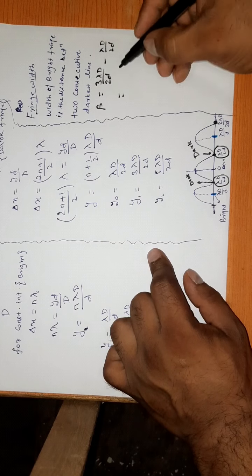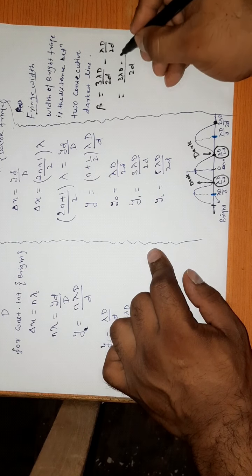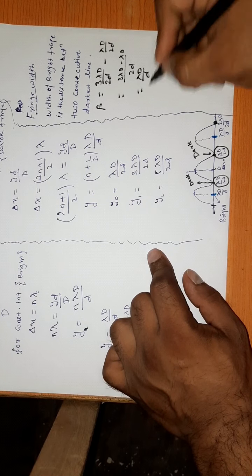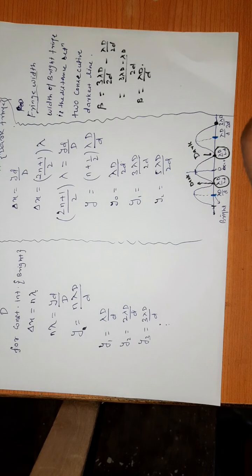When you solve it, 3 lambda d minus lambda d upon 2d, it is lambda d upon d. This is for bright.